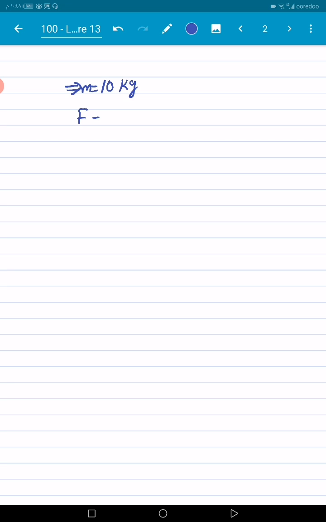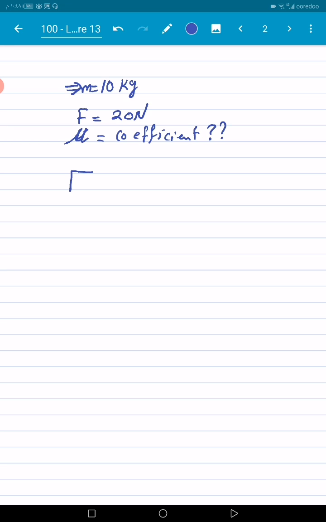So F is equal to 20 Newton. What does the question need? Mu. It is the coefficient. So how much is the coefficient?